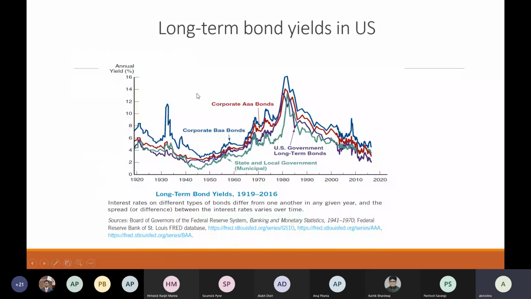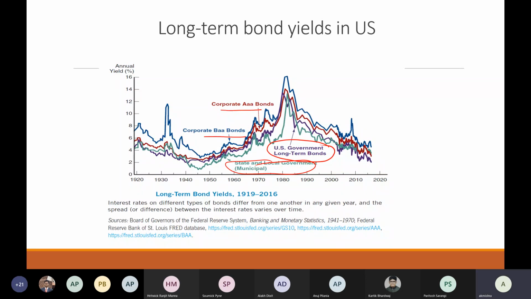So this is what we are seeing. You can see we have a state bond, a US government long-term bond, and various corporations, what we call issued same-maturity bonds.